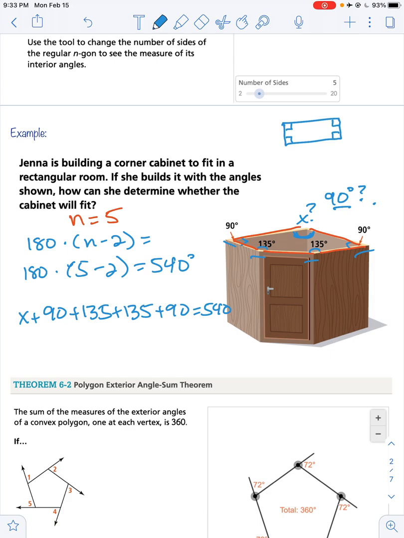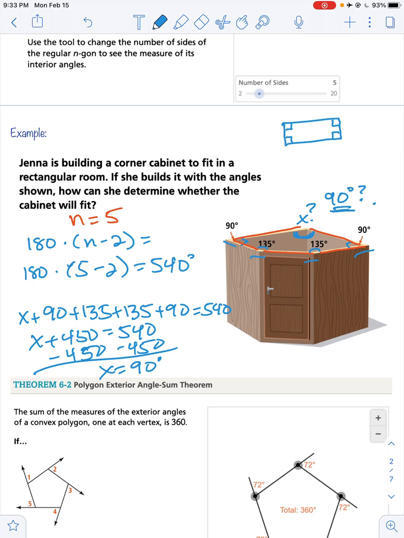I've got 90 plus 135 plus 135 plus 90. That gives me 450. So I have x plus 450 equals 540. I'm going to subtract 450 from both sides, and that's going to give me x is equal to 90, right?